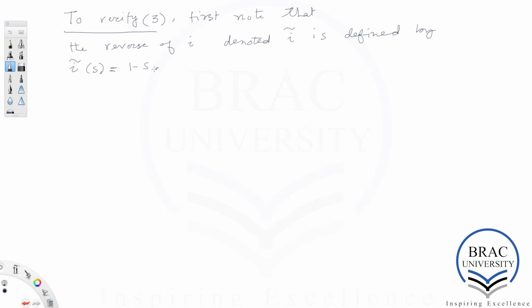Okay, now since i is a path, we have already seen that the identity map i is a path in I, big I, beginning at 0 and ending at 1.